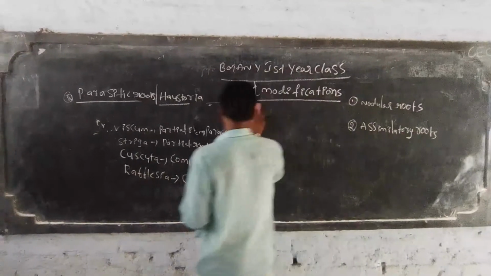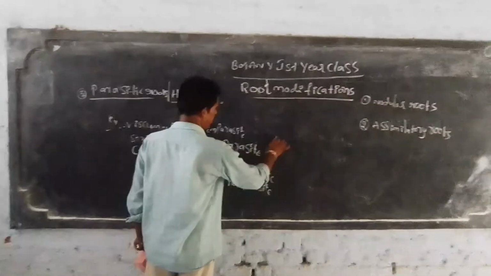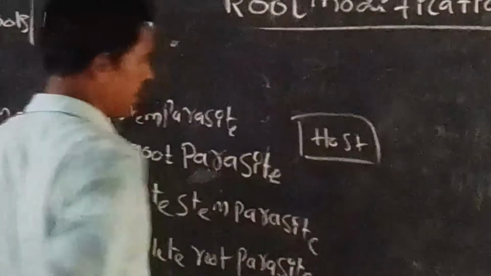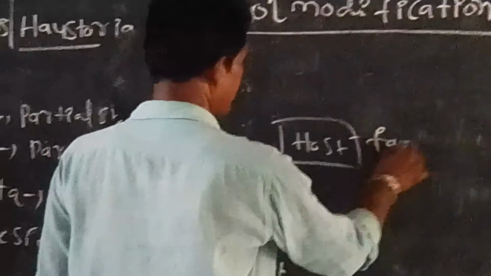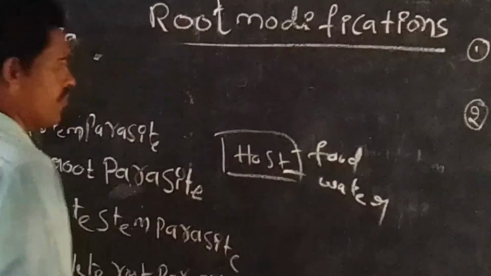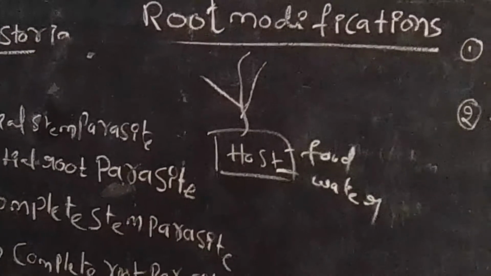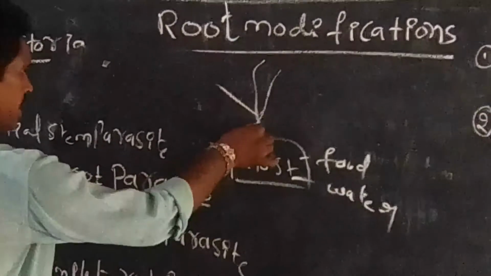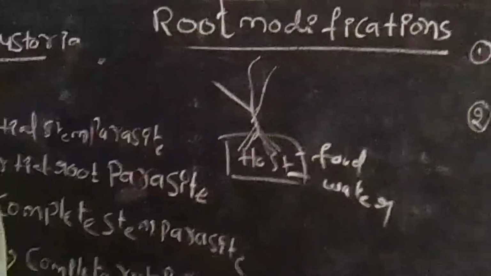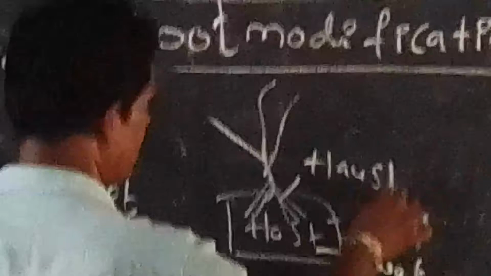These plants provide special roots into the host body. The host plant provides food and water to the parasite. The parasite provides special roots into the host body. The roots are called Haustoria.